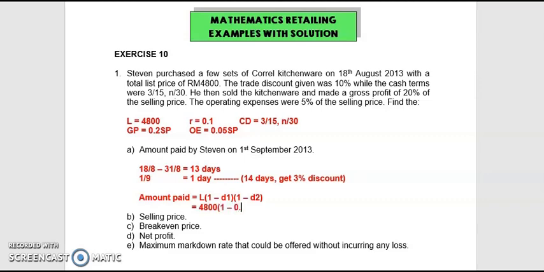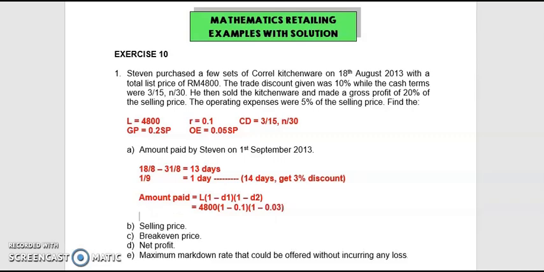So 1 minus 0.1. Multiply for cash discount, 1 minus 0.03. The answer will be 4190.41.